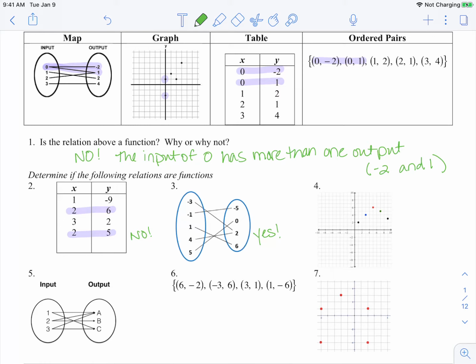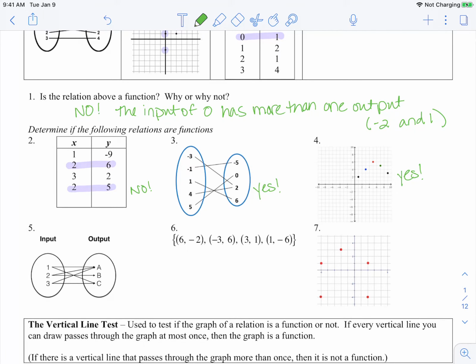For number 4, if we look, we have 1, 2, 3, 4. We have 5, 6. We have 7, 5, and 9, 3. So in this case, each input has its own output. So yes, number 4 is also a function.